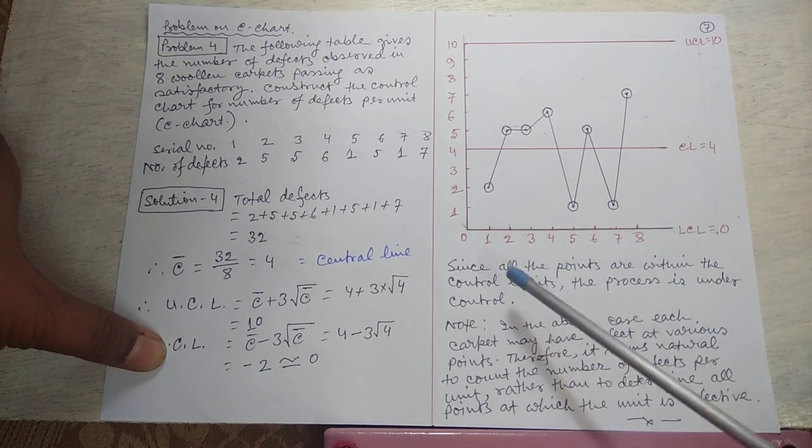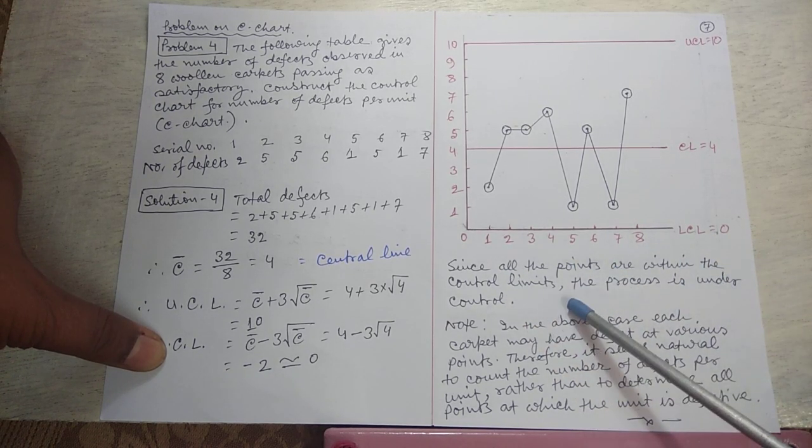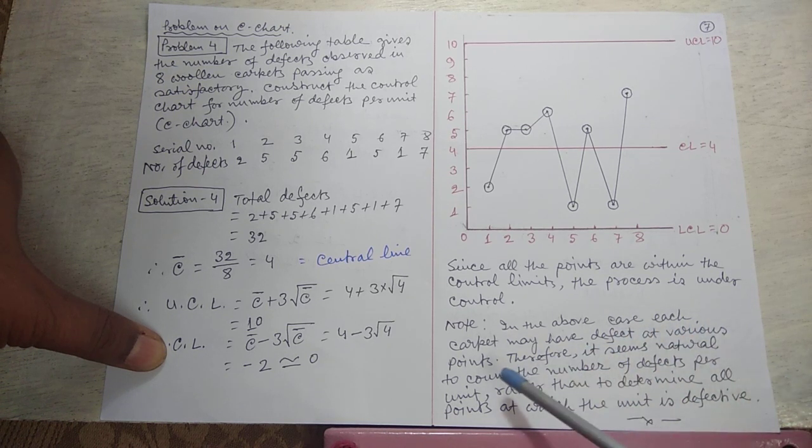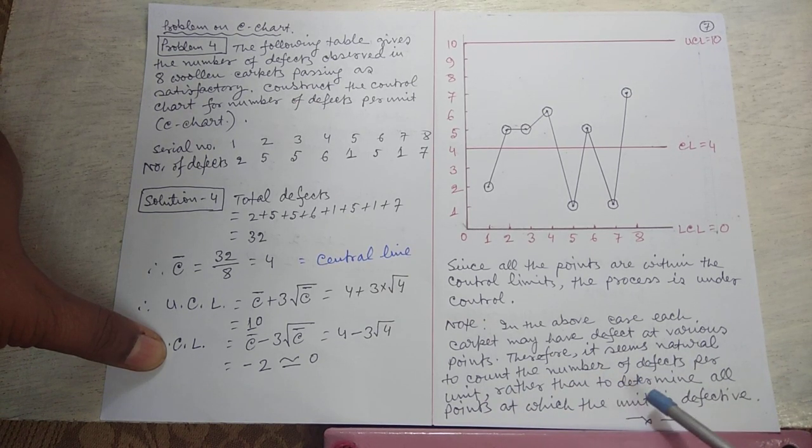Now see, since all the points are within the control limits, the process is under control. Now note, in the above case, each carpet may have defect at various points. Therefore, it seems natural to count the number of defects per unit rather than to determine all points at which the unit is defective.